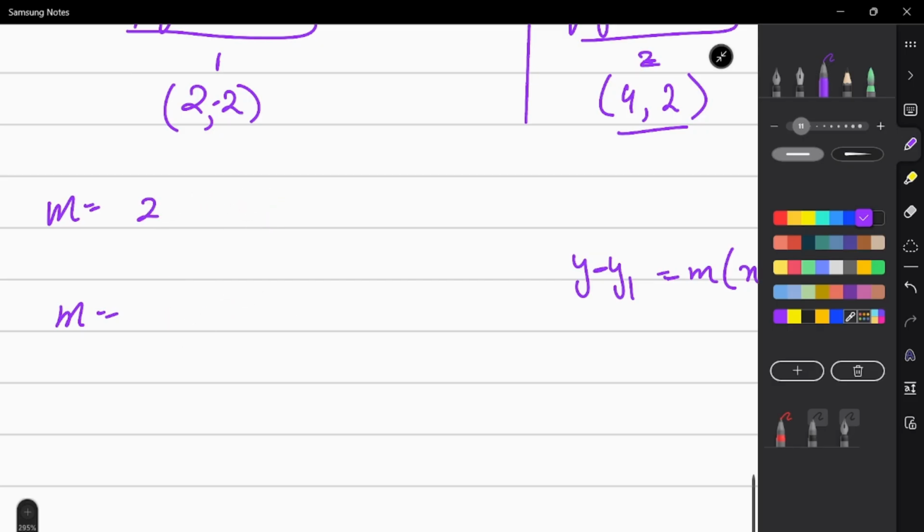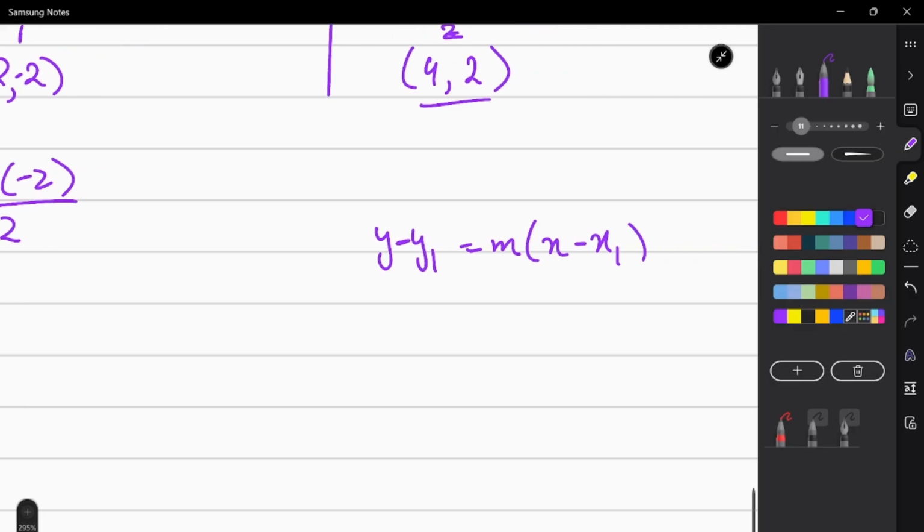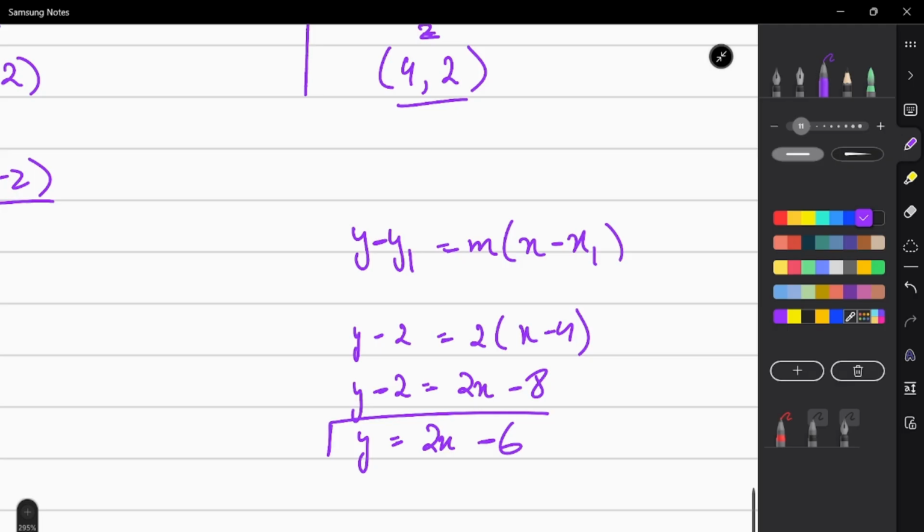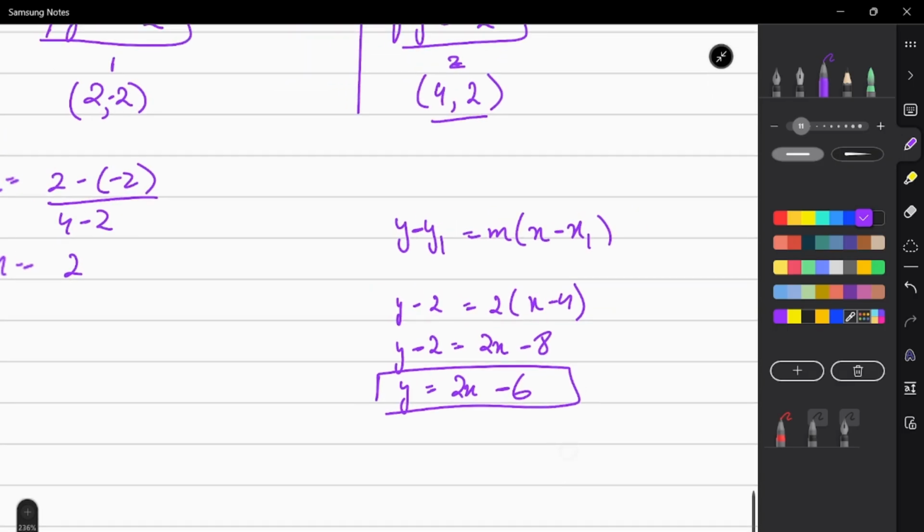So y2 minus y1 upon x2 minus x1, this gives us 2. 4 over 2 is 2, and here y minus 2 is equal to 2x minus 4, so y equals 2x minus 8, and this is the equation of the line AB.